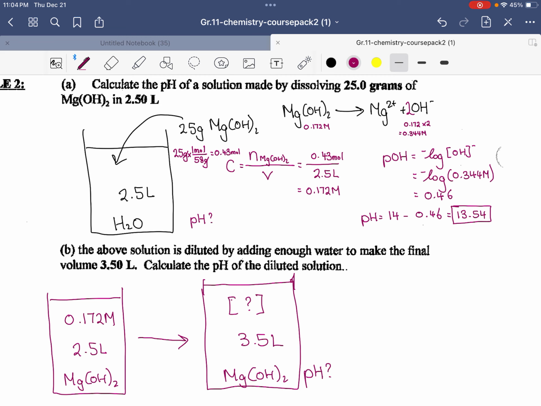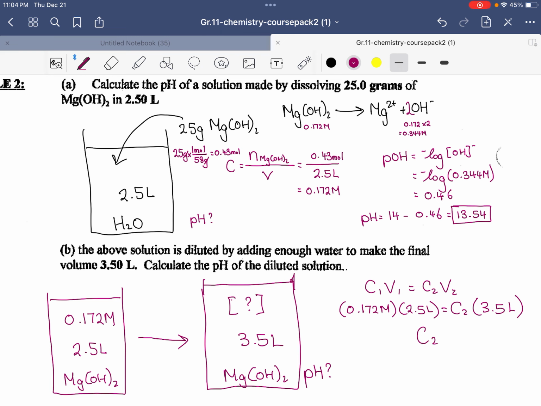So what we know is that we added water here. So again, this is another dilution question. C1V1 equals C2V2. All right, C1 is 0.172. V1 is 2.5. C2 is what we want to find, and V2 is 3.5.